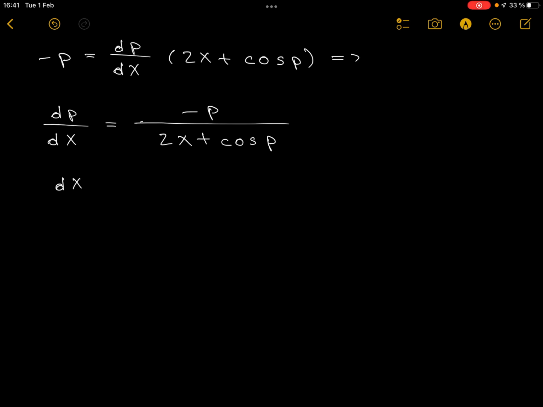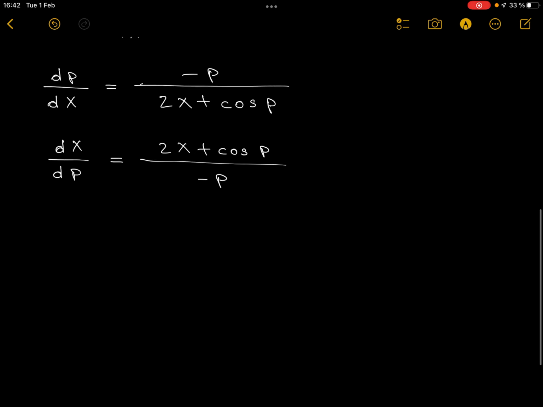Or in other words, dx over dp is equal to (2x plus cosine p) over negative p, which is the same as negative 2 over p times x minus cosine of p over p.